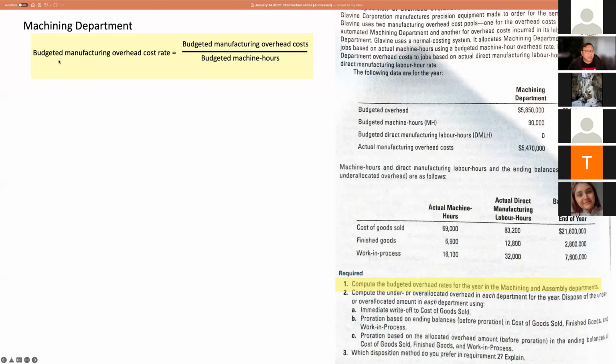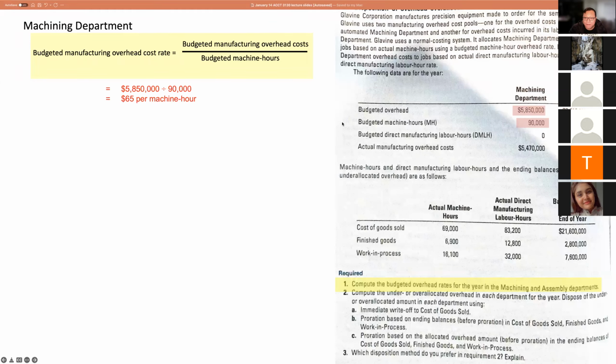So how do we calculate the budgeted manufacturing overhead rate? You use the budgeted manufacturing overhead cost divided by whatever the allocation base is. And here for the machining department, that's the machine hours, so you divide by the budgeted machine hours. Okay, so here is my information.